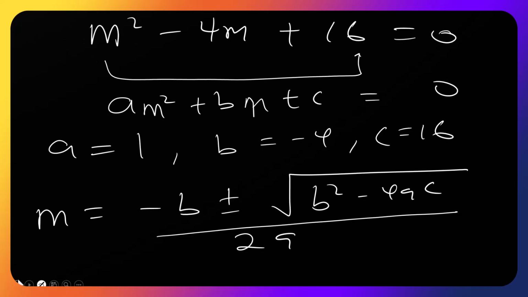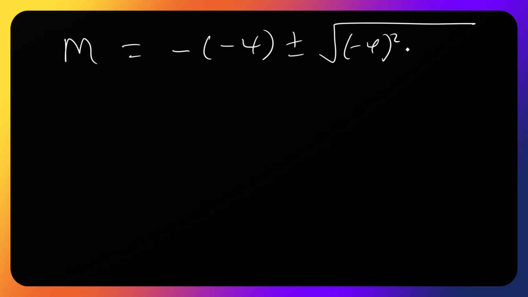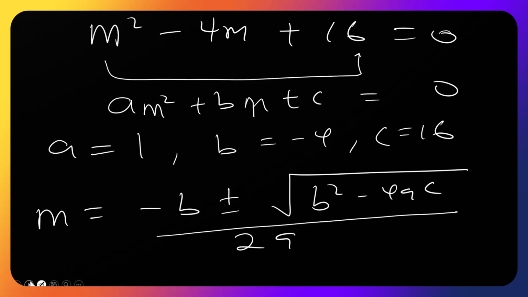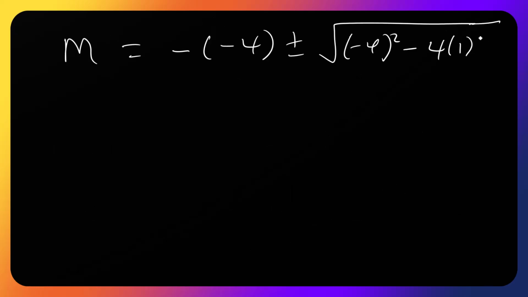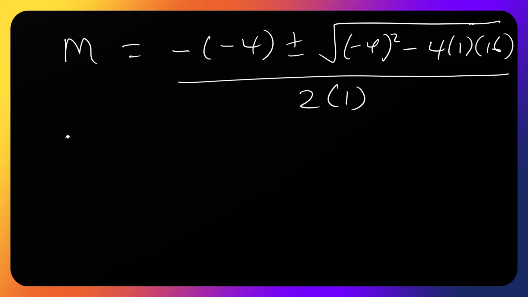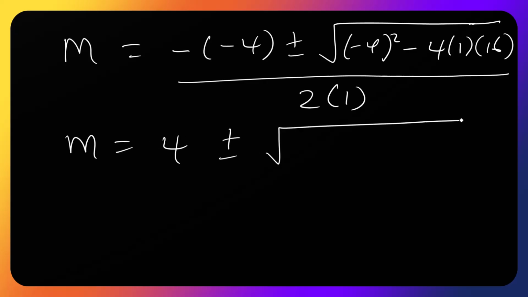So minus b will be minus minus 4, minus 4 squared, 4 times 1 times 16, on 2 times 1.